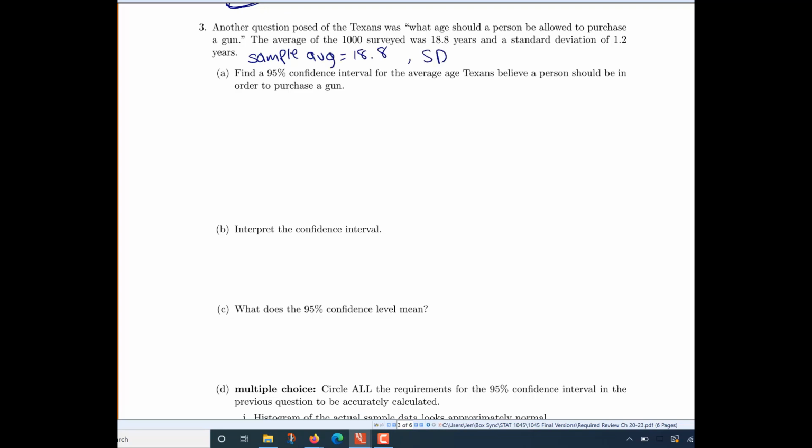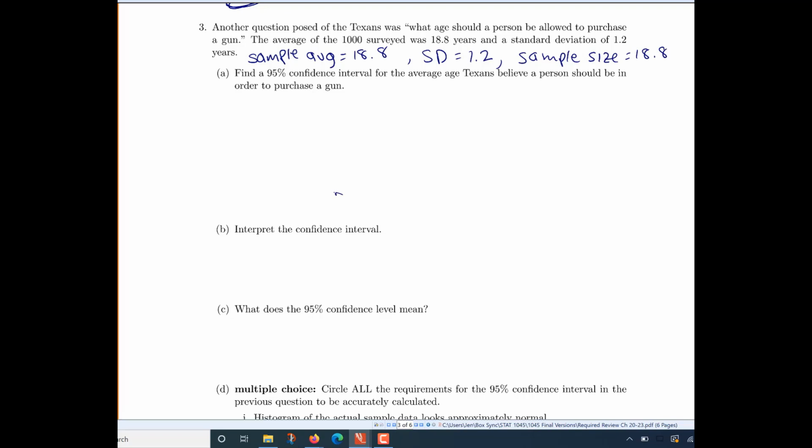We have a standard deviation of 1.2, and we have a sample size of 1,000. Notice we don't know anything about our population average, so this is probably one where I know the sample, and now I'm going to try and estimate the population.